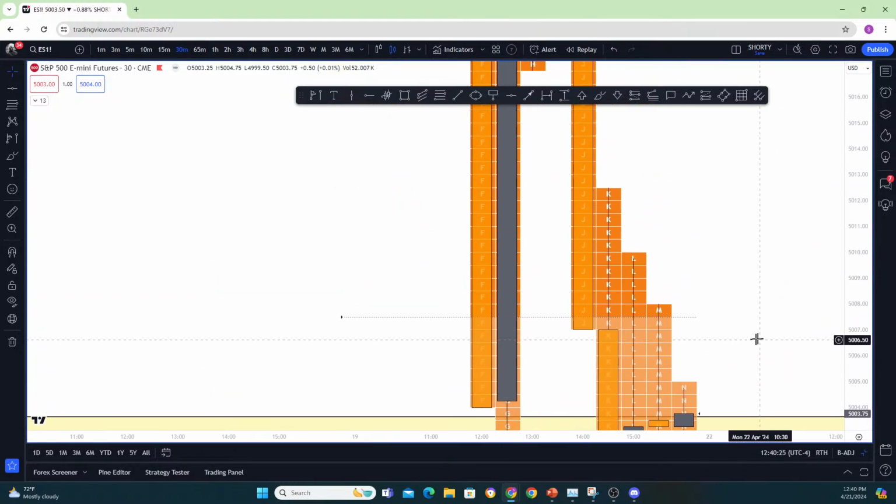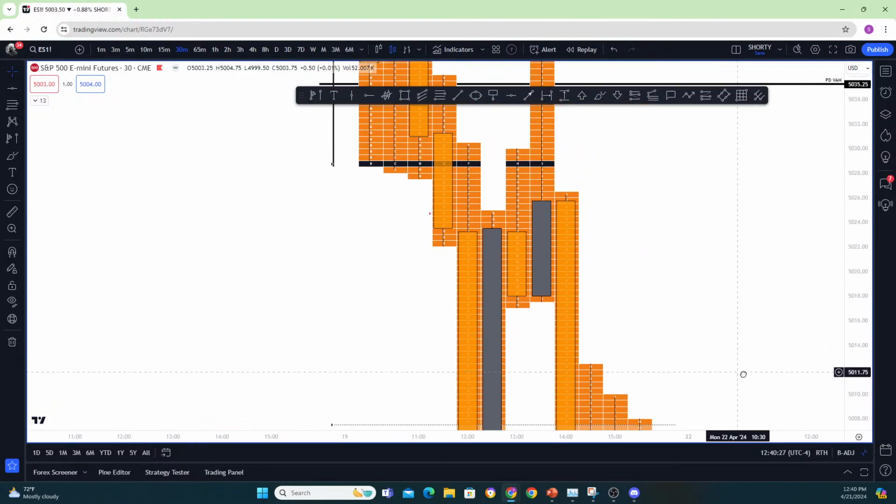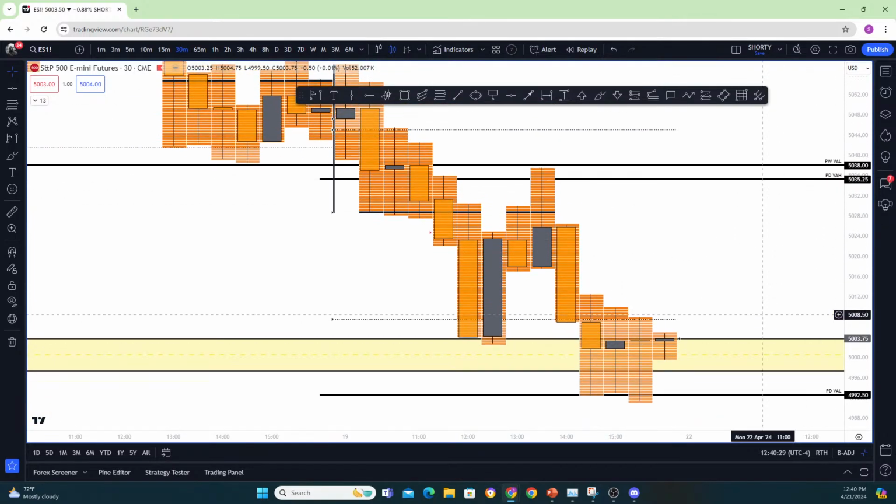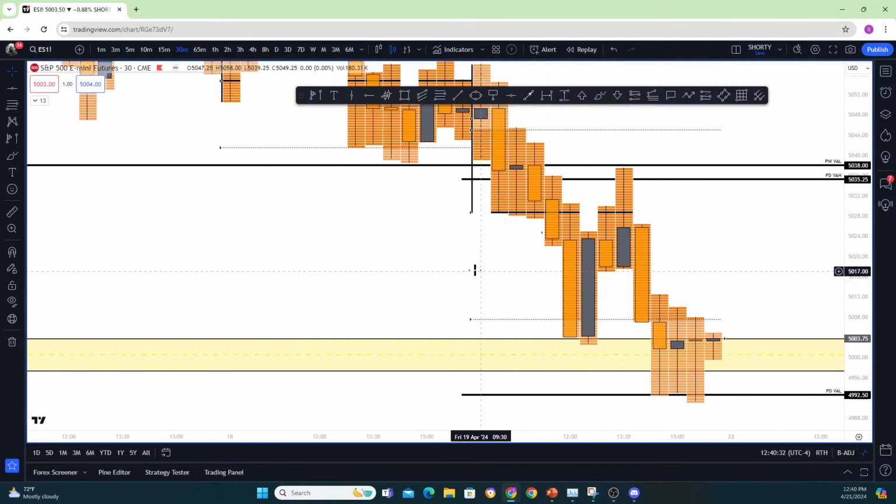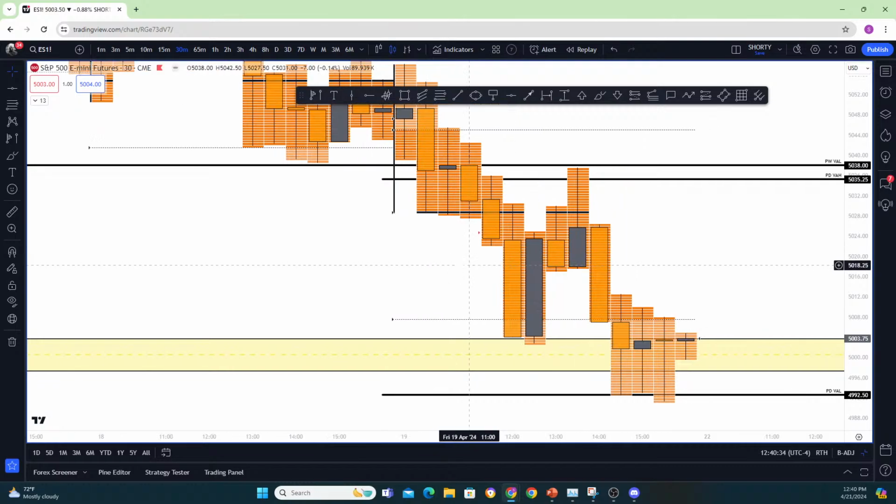If you don't play those levels that you look at and you play with somebody else, your account might look like theirs, or theirs might look like yours. So I would strongly encourage you to do this, and if you see something that stands out in the way you play it, size down, let them play it out for you and see if your levels and your idea of how you're seeing the market play out.